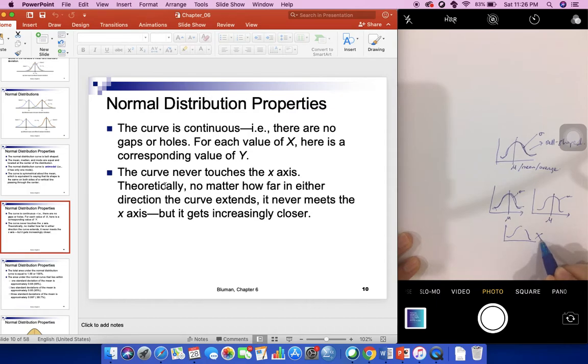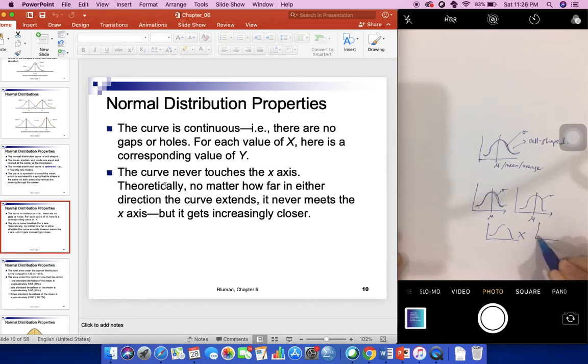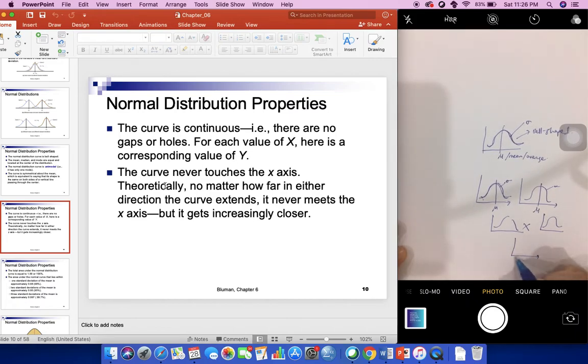You also can't draw it like this, because the curve never touches the x-axis. So the curve must not touch the x-axis.